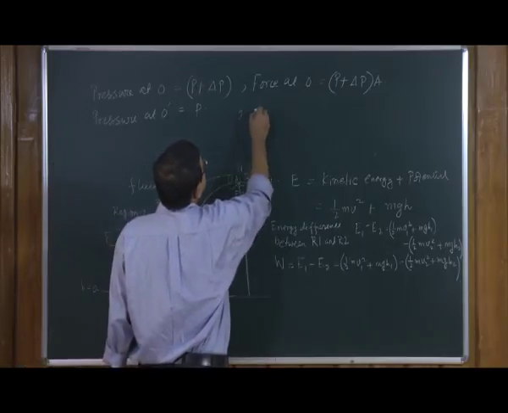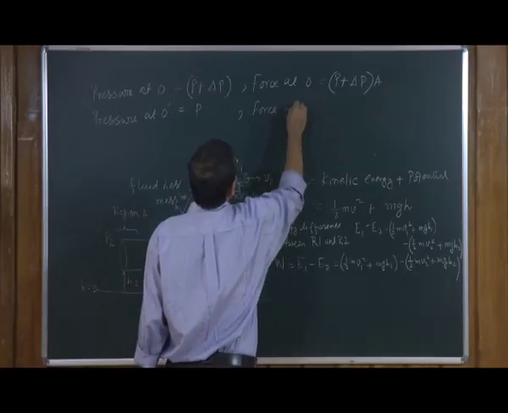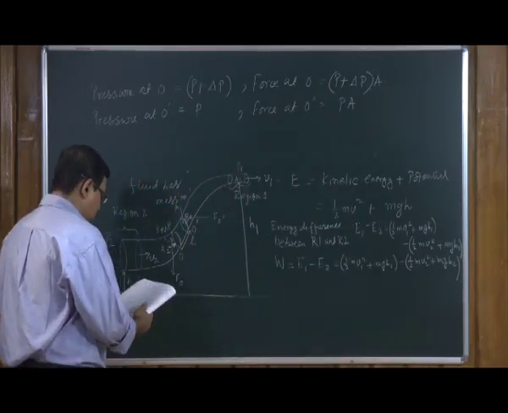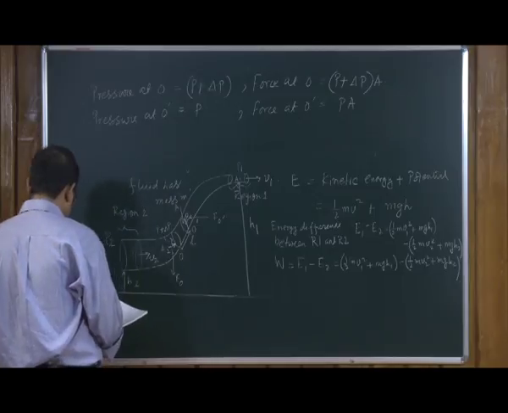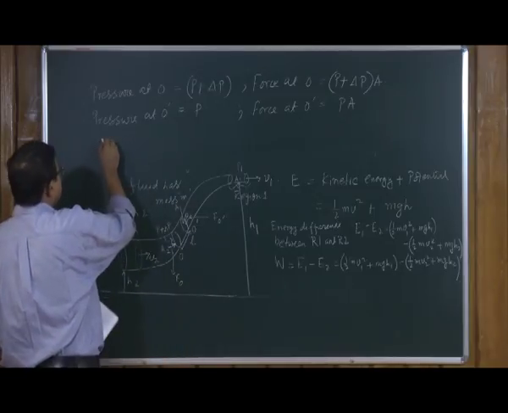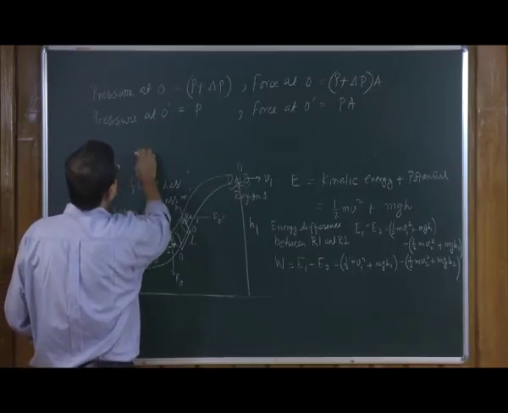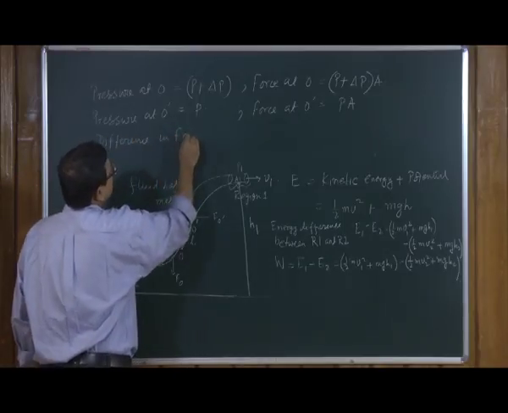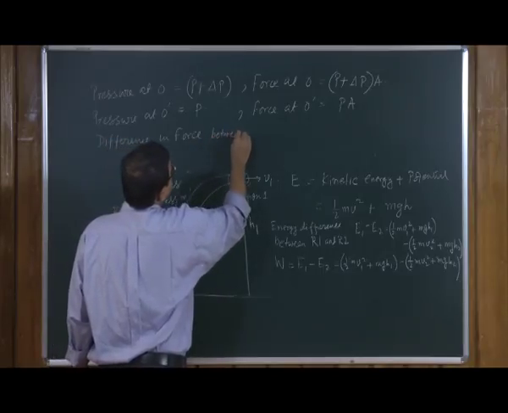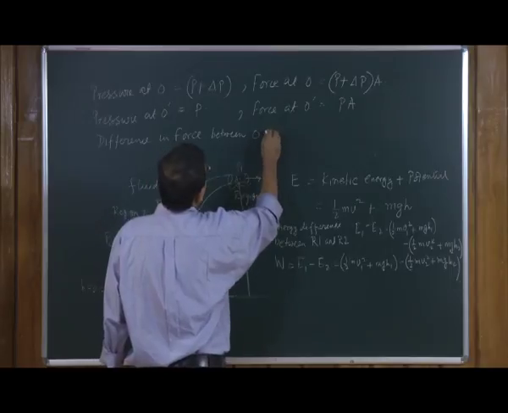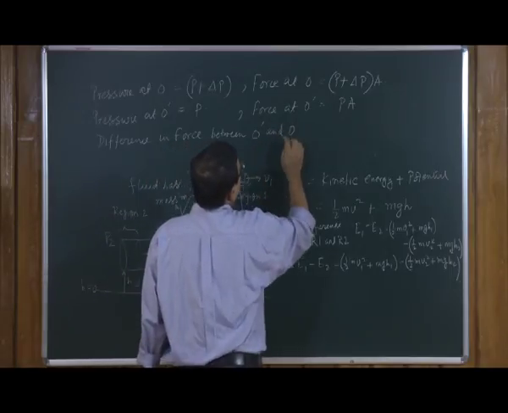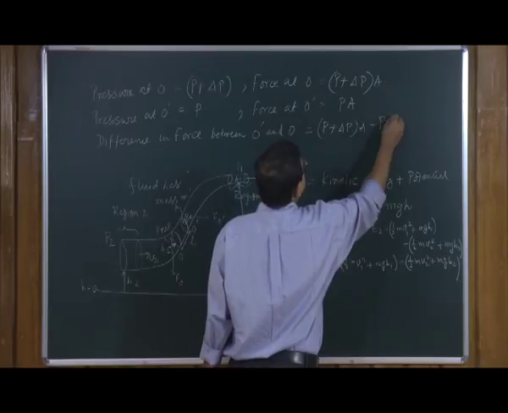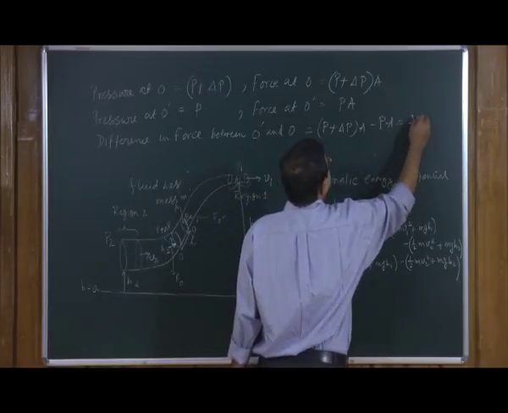So, force at O prime is equal to P A. So, the difference in force between O and O prime, or you can call it O prime and O, is equal to P plus delta P A minus P A, which is equal to delta P A.